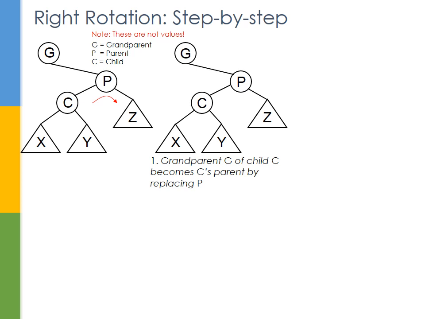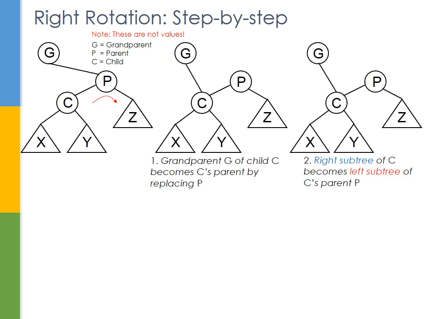So essentially what we do is we sever the link between G and P, and we create a link between G and C. So notice that we haven't lost any reference to this portion of the tree over here. We still have our grandparent referring to it.